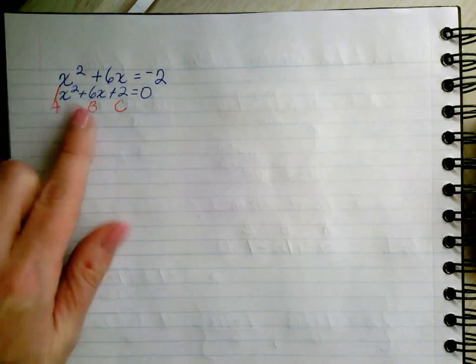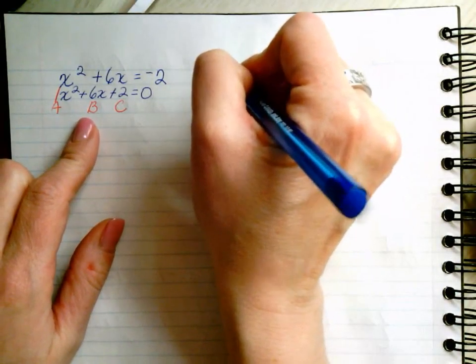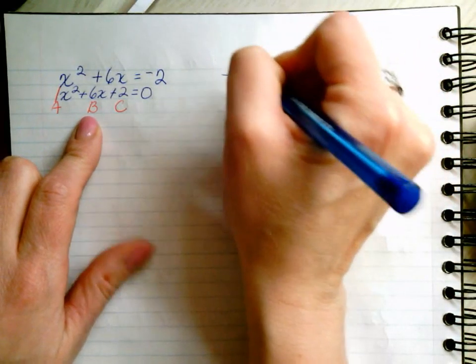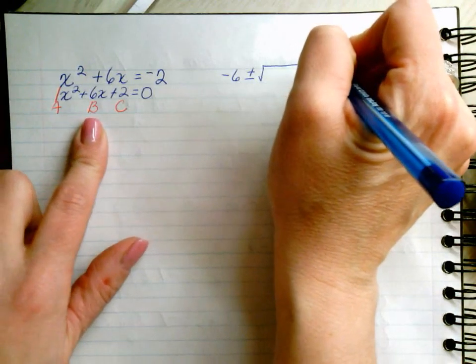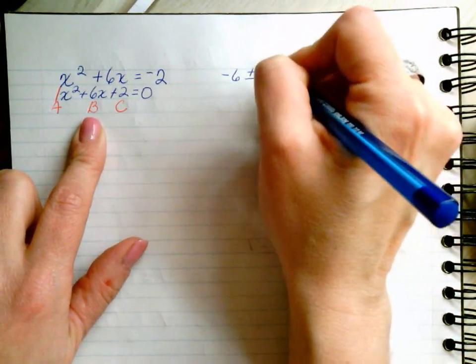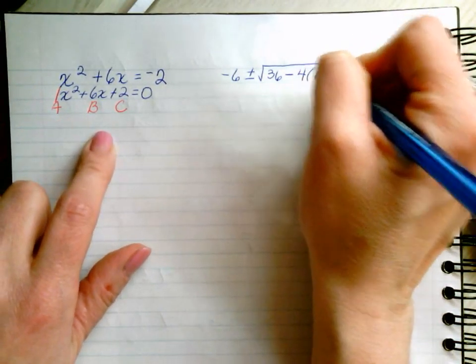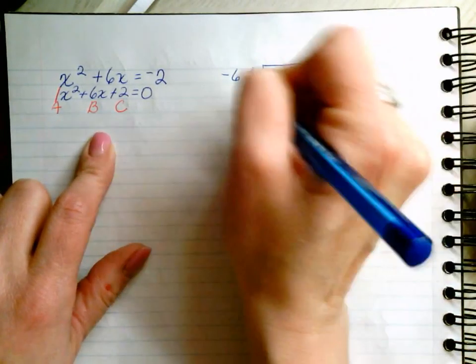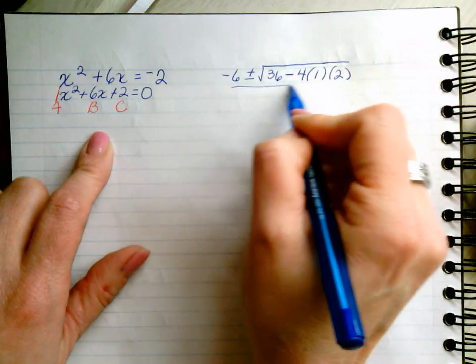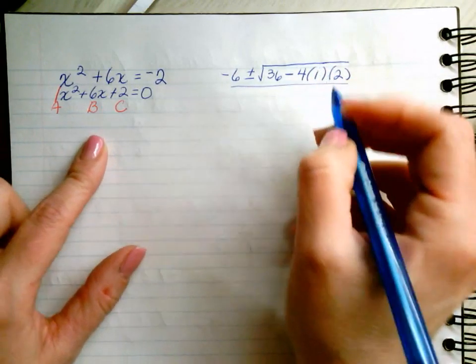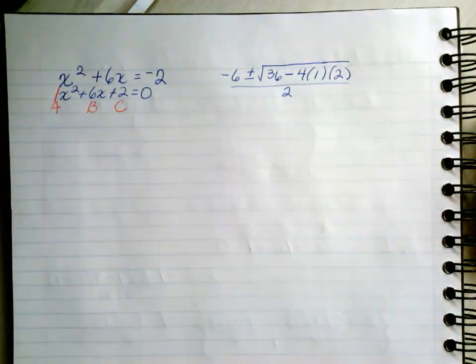The opposite of b, negative 6, plus or minus the square root of 6 squared minus 4 times a times c. All of that is over 2a, 2 times 1, which is 2.